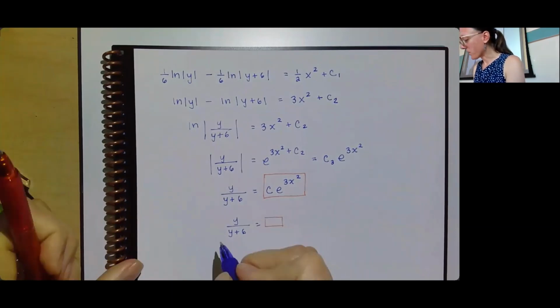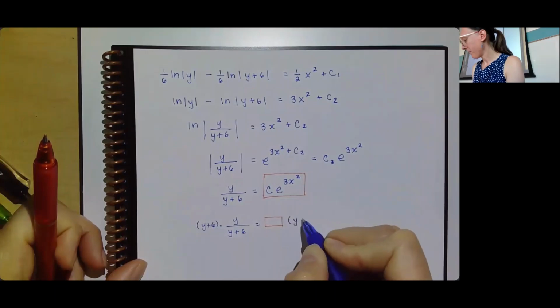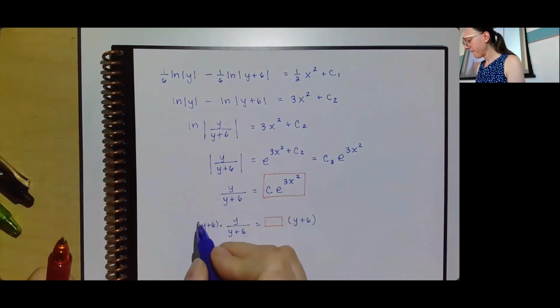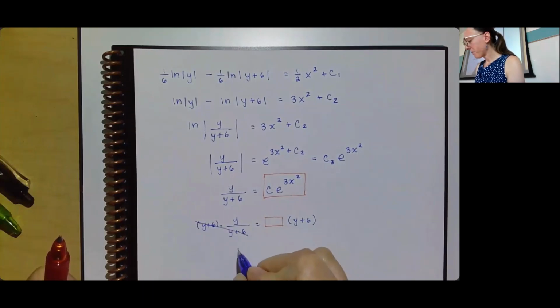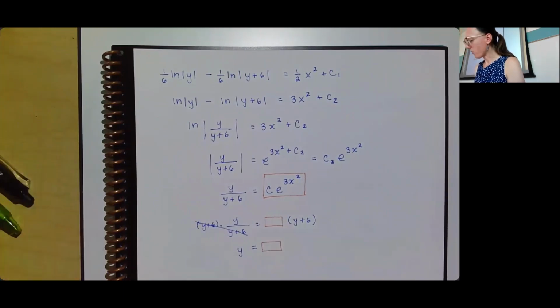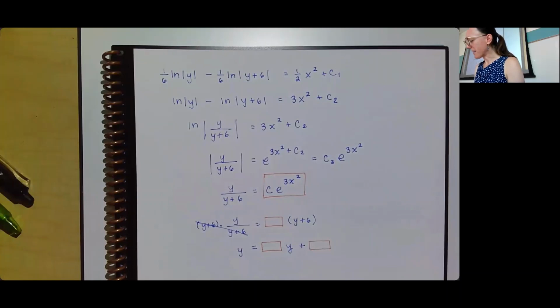I can multiply both sides by y plus 6. And I can distribute my box so that I have the box times y plus the box times 6.